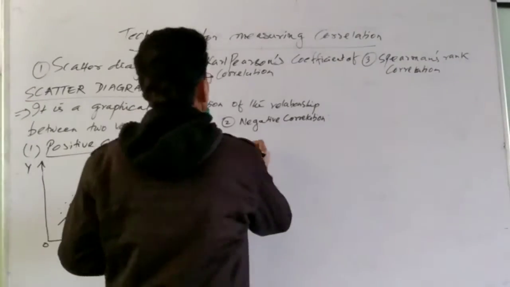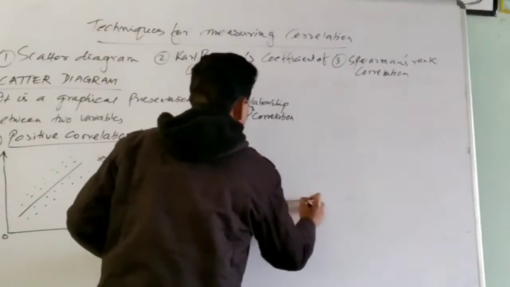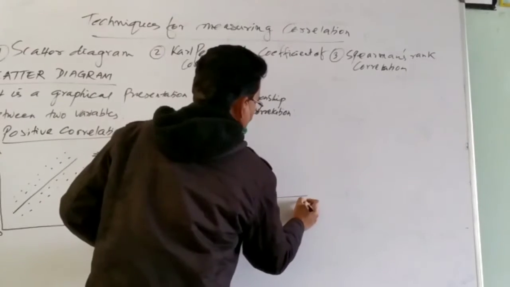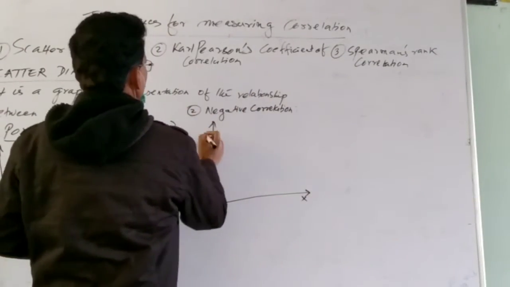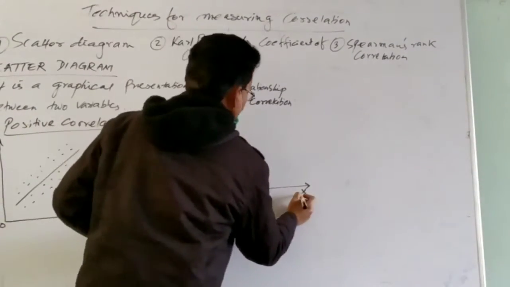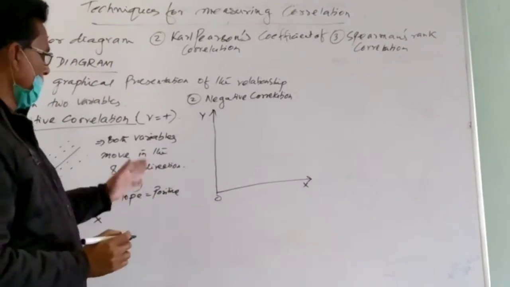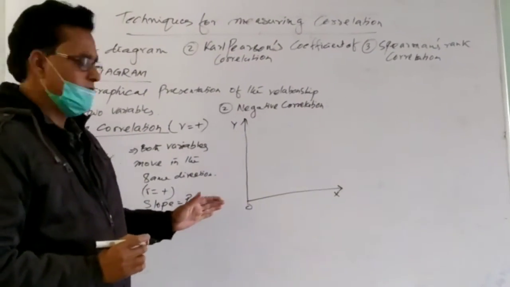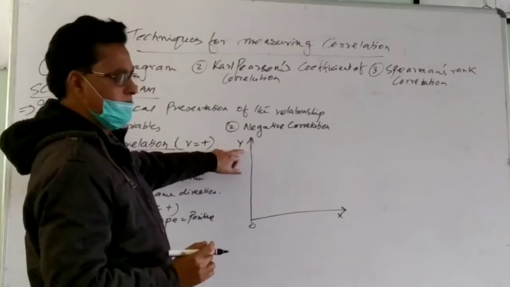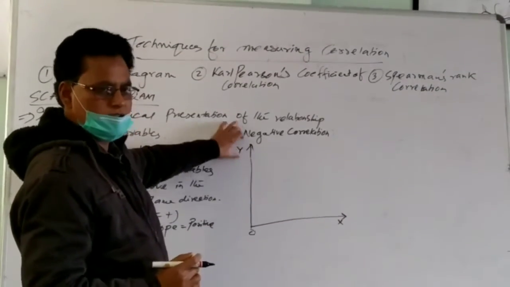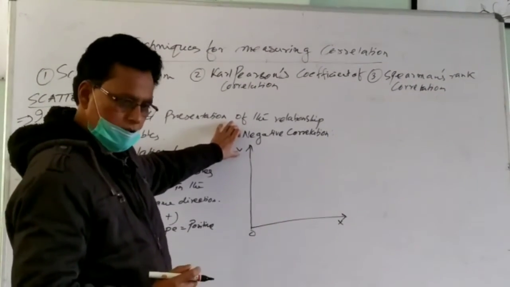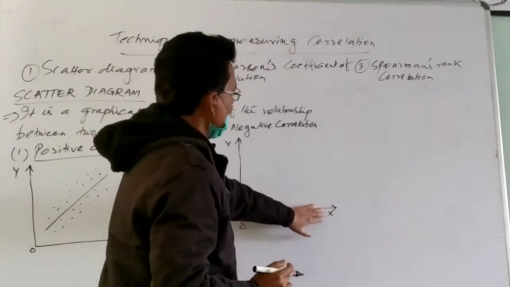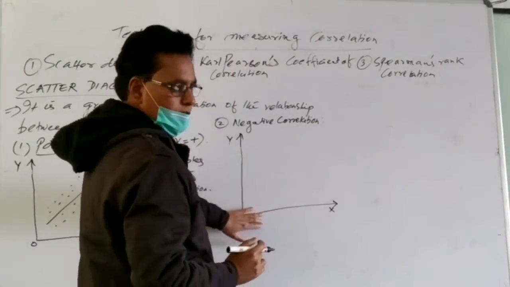Let us see. Suppose here are the x-axis and y-axis, two variables we have taken. Suppose this is the summer season, and the summer temperature is increasing. Then the demand for woolen clothes will decrease.